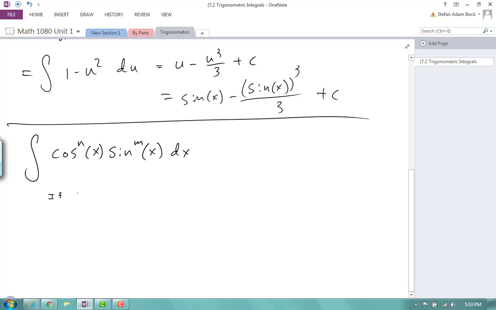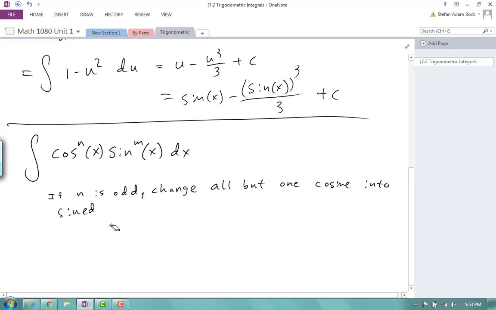If n is odd, then I'm going to change all but one cosine into sines.